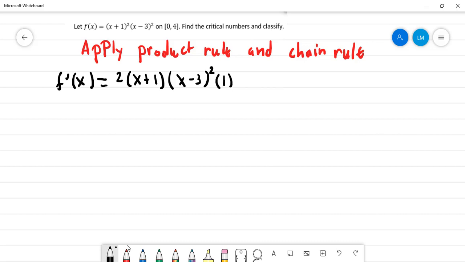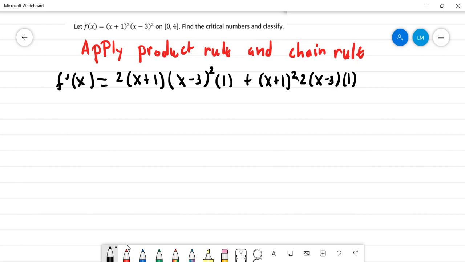I should have tagged it in the middle, but it's okay. Then we have plus x plus 1 to the second power multiplied by 2 times x minus 3, and there's going to be a 1 right there.